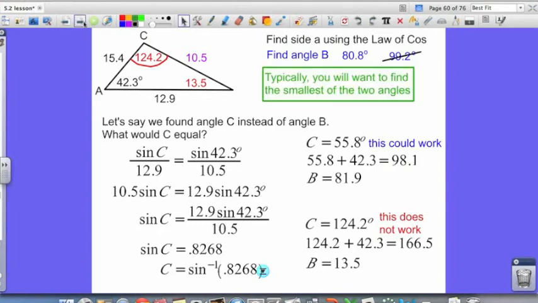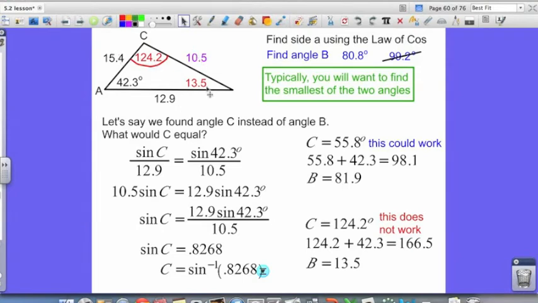So what I'm trying to say through this, if you want to take a look at it again, is typically when you have a side angle side triangle, when you use law of cosines to find the opposite side, you'll want to find the smallest of the two angles. So I found 10.5.